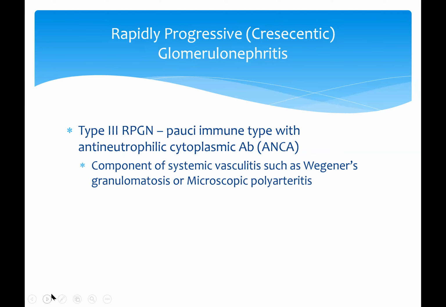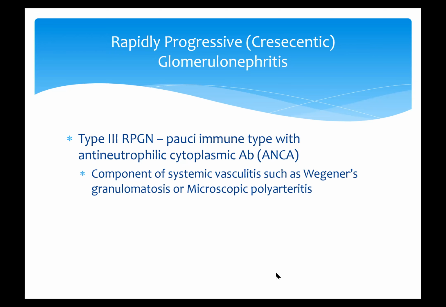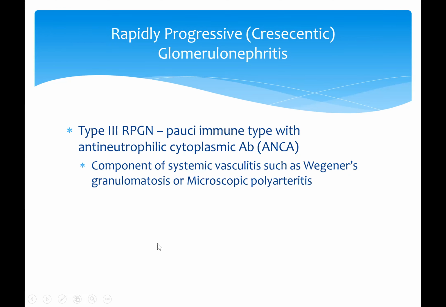And the third group will be your pauci-immune, which is defined as you do not demonstrate anti-GBM antibodies or immune complexes by immunofluorescence and electron microscopy. So take note of the three types. You have type 1, type 2, and type 3.